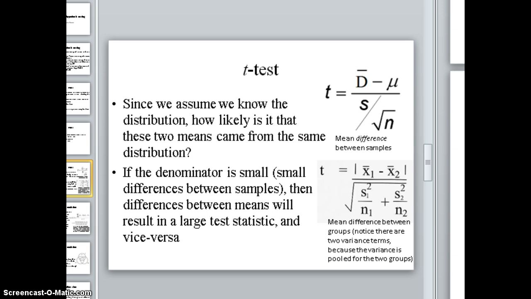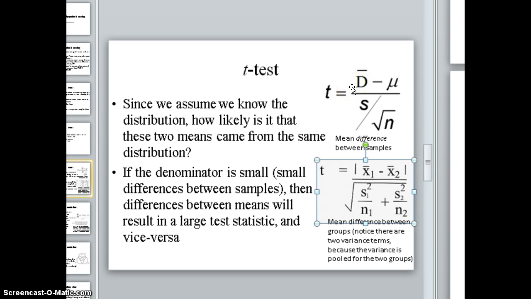So here are the formulas. Take a second to look at these formulas for the paired samples t-test, this one up top, and the independent samples t-test. Like I said previously, the t-test takes the difference between the means. Here the D is for difference.